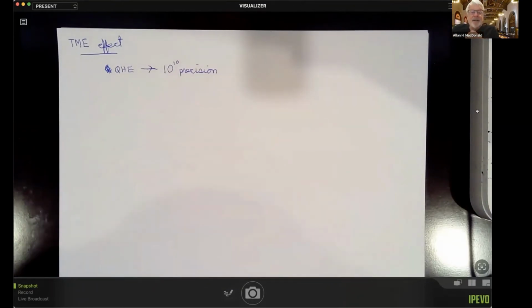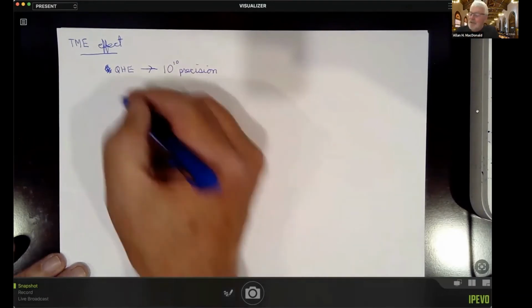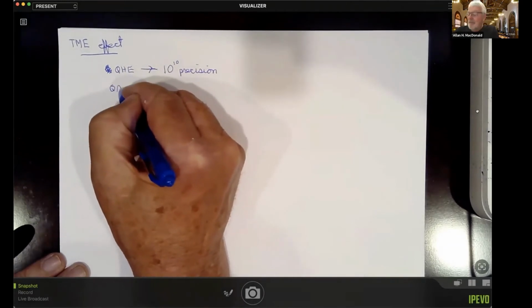And it's a gift from God to all of us that this quantity, which is really a topological index, is actually a conveniently measurable quantity that can be measured with incredible precision.